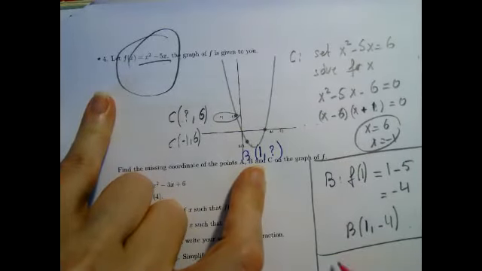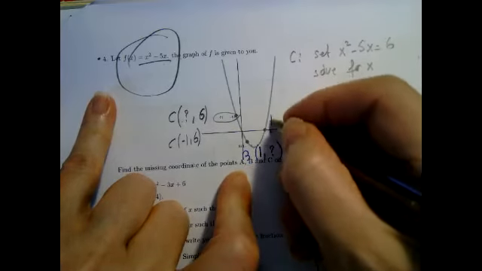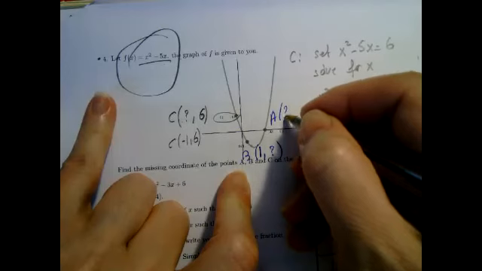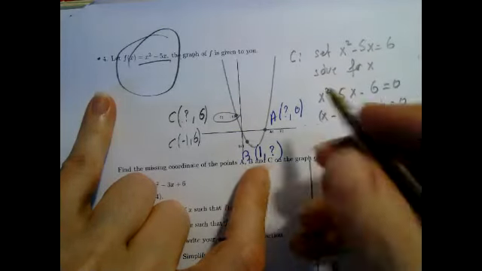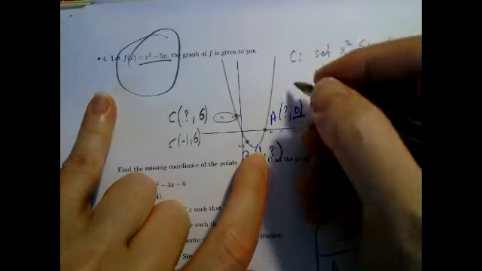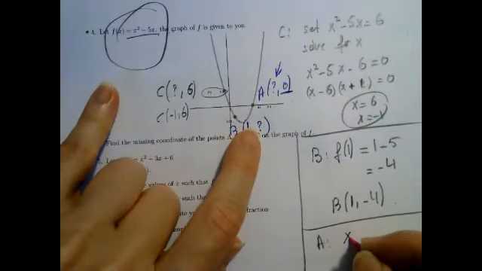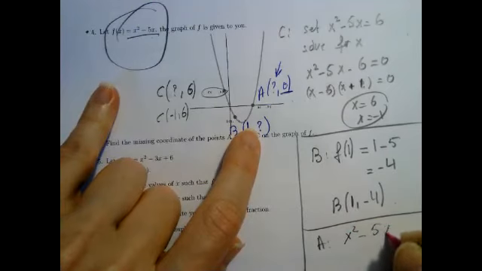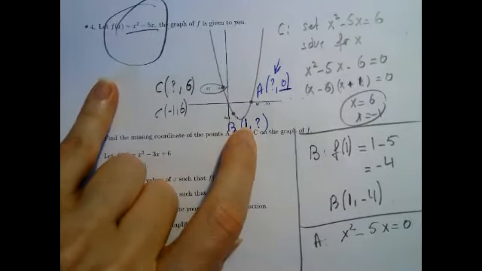Okay, now for A. A, according to the picture here, is question mark, 0. So for A, I'm giving you the output 0. I'm asking you what input gives me an output of 0. In this case, it means you have to set x squared minus 5x equal to 0 and solve for x.